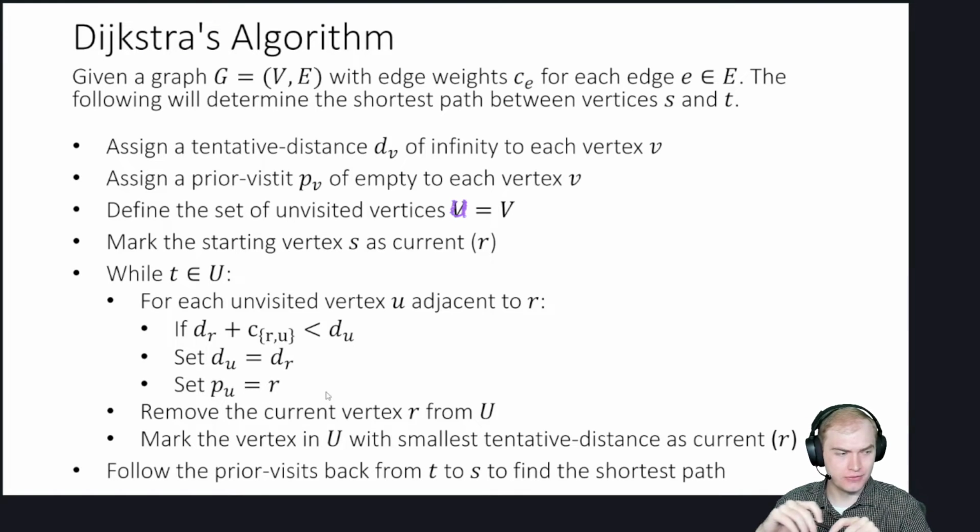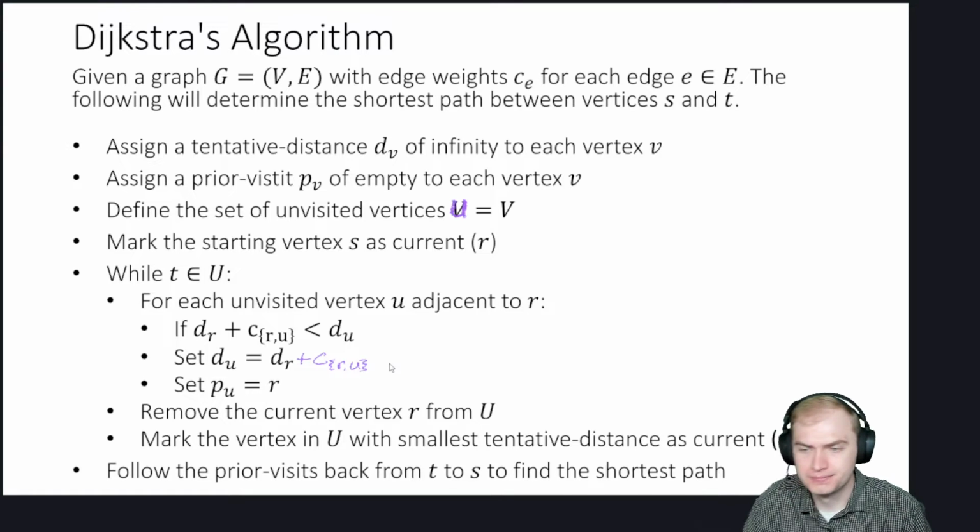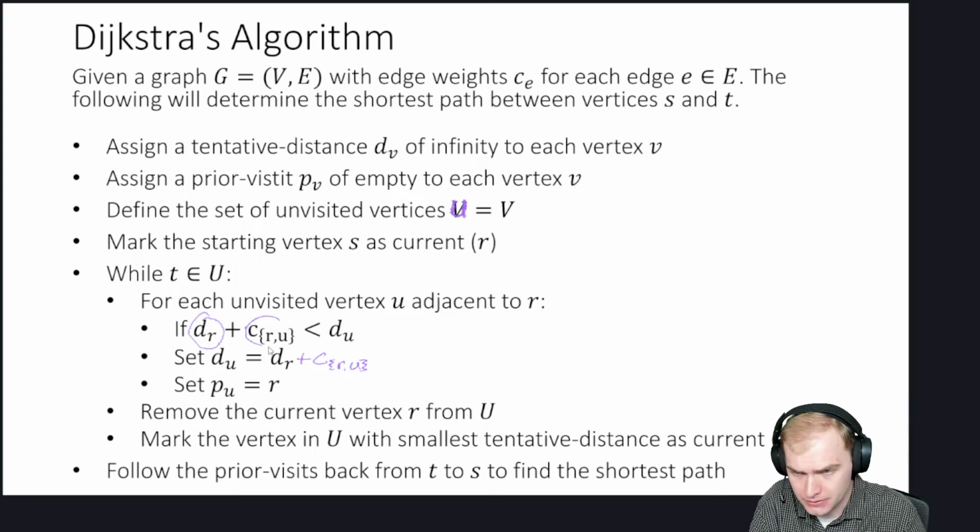So if it is faster to come from S to our current vertex R and then to U, then we set the new tentative distance of U to d_R plus c_RU. d_R is the tentative distance of our current vertex, and c_RU is the distance associated with the edge between R and U, because they're meant to be adjacent.